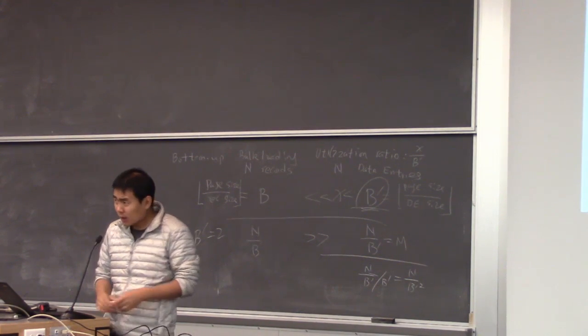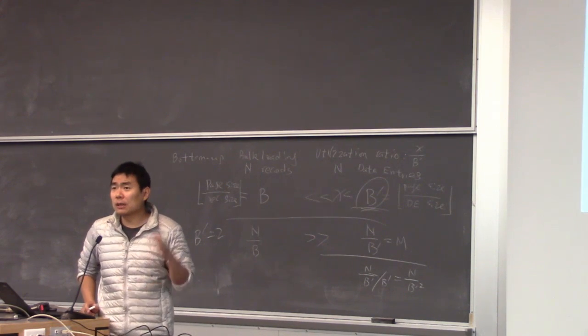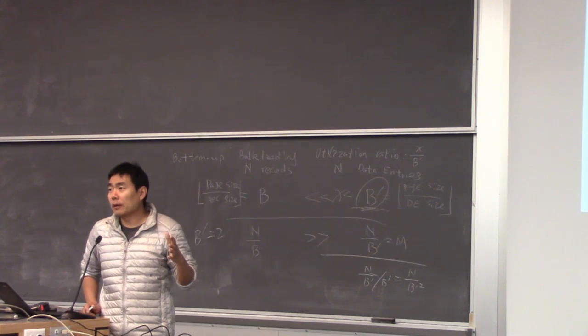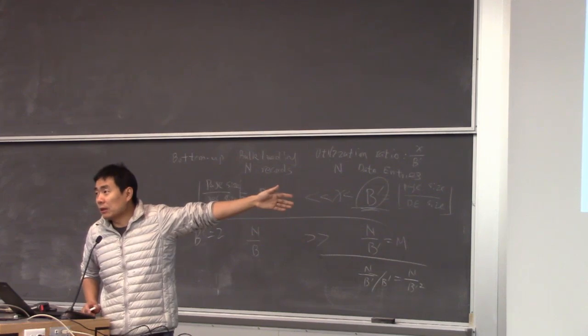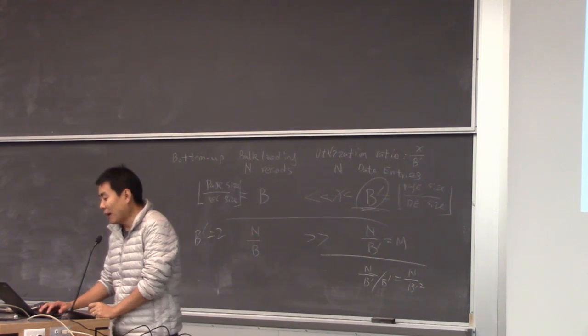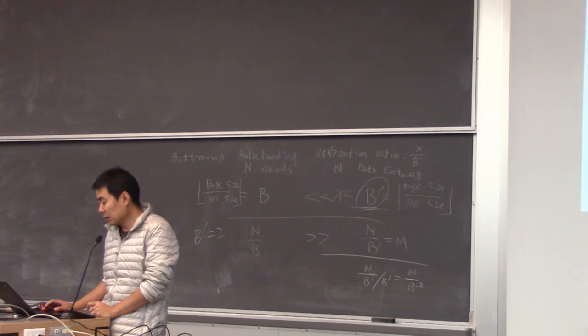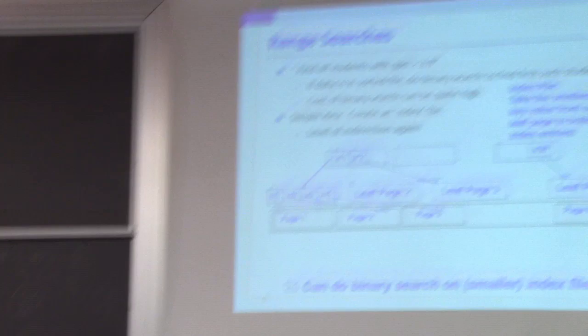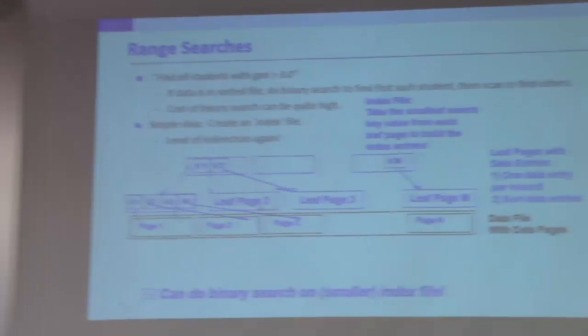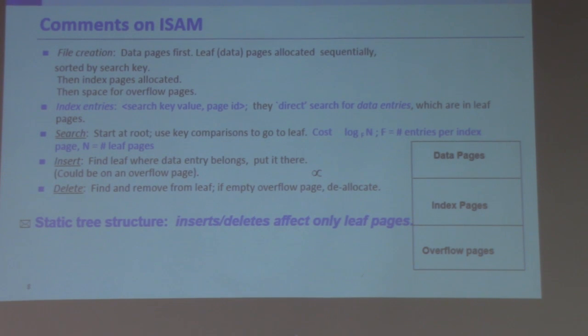So typically in a database management system, an index is stored back to disk in this fashion, where you have your data pages first. So this is all your data pages, this guy right here. Then index pages, then you have your overflow pages.